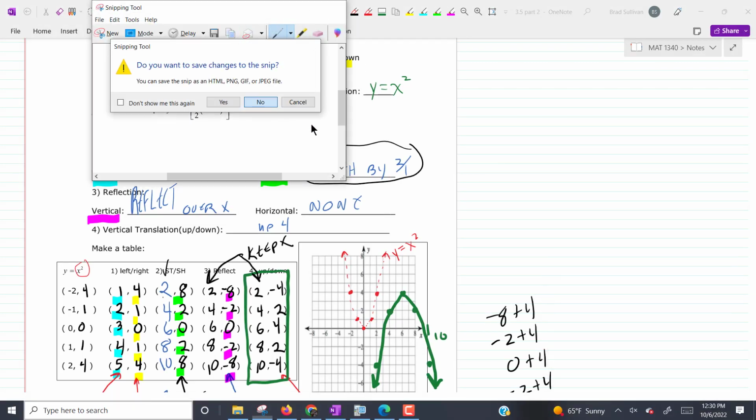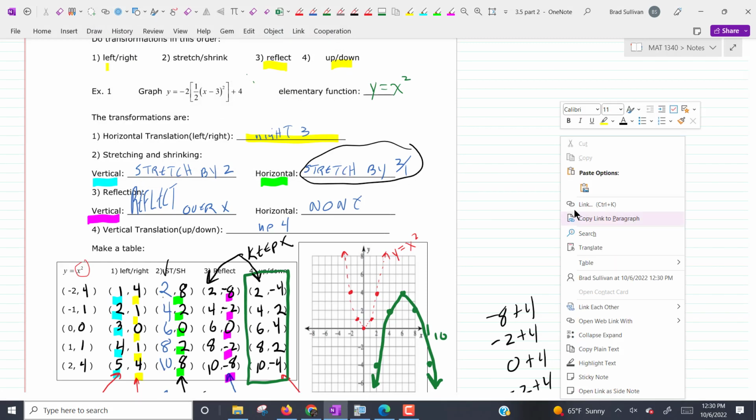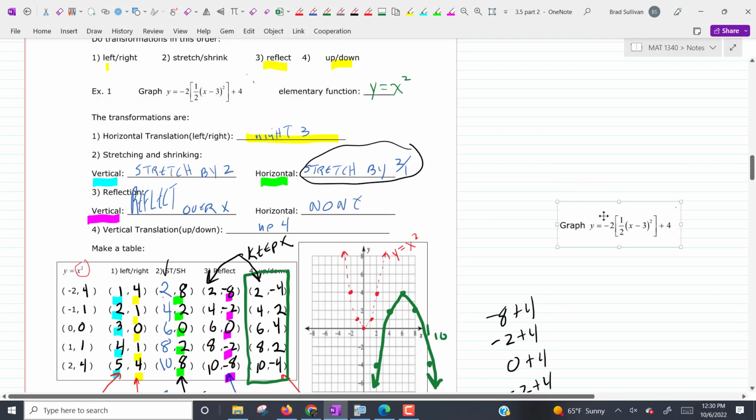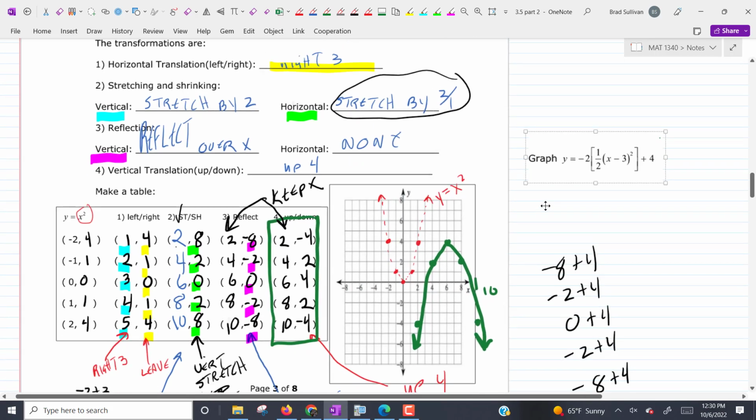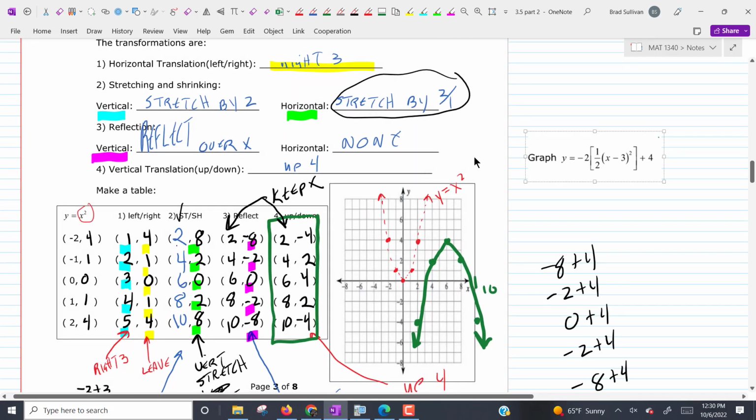I just want to show you something and see if you can see what really happened. When you do a problem that has a bunch of transformations, it's hard to keep track of it. So let me show you something.